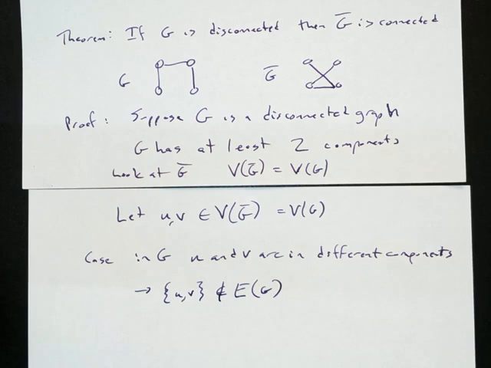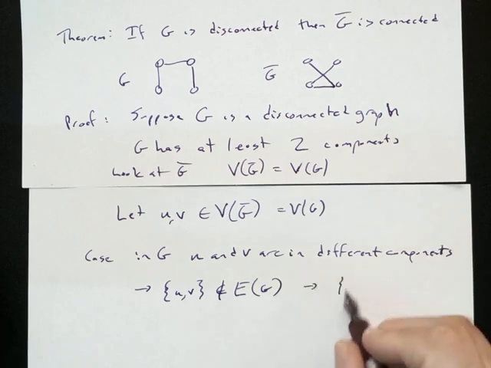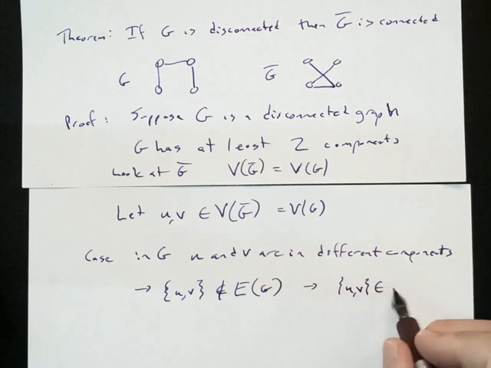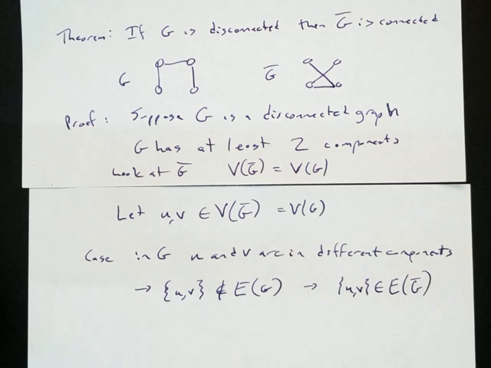But if that edge UV is not in the edge set of G, then UV must be in the edge set of the complement. Because remember, the complement replaces the edges that weren't there. That edge is not there. That means UV is in the edges of G bar. That means there is a path from U to V. As a matter of fact, it's a path of length 1. Ta-da! Check mark.